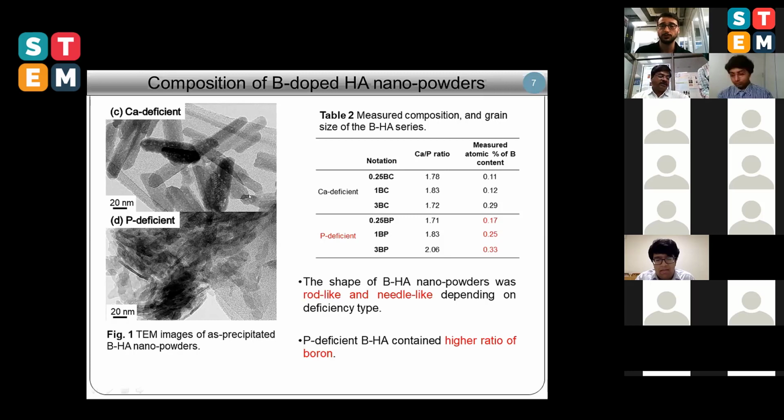The table shows the calcium phosphate ratio, which fluctuates from the stoichiometric value, and the atomic percentage of boron content in the powder, which shows that phosphate deficiency holds more boron in the structure.